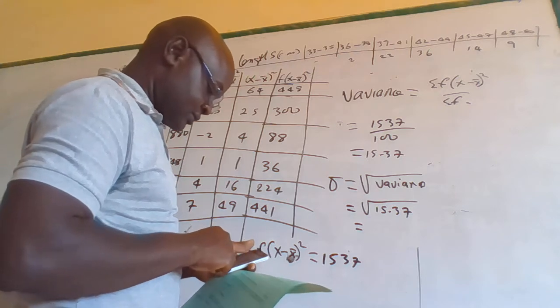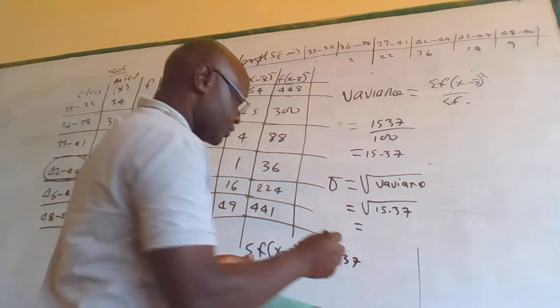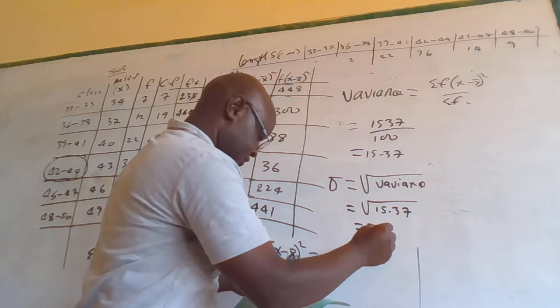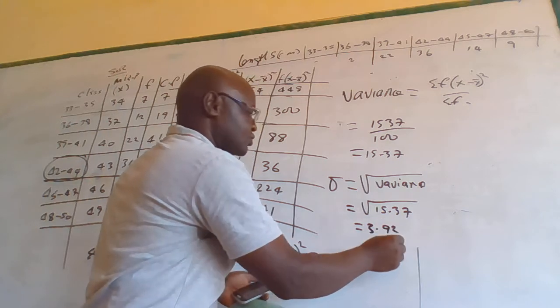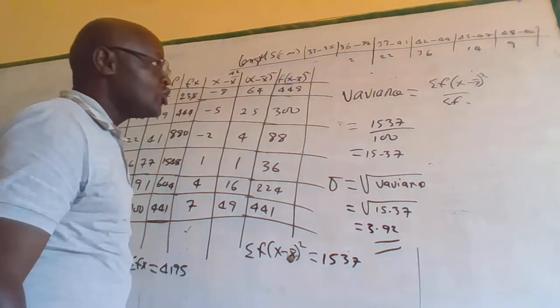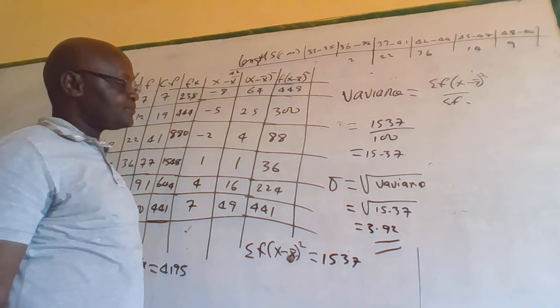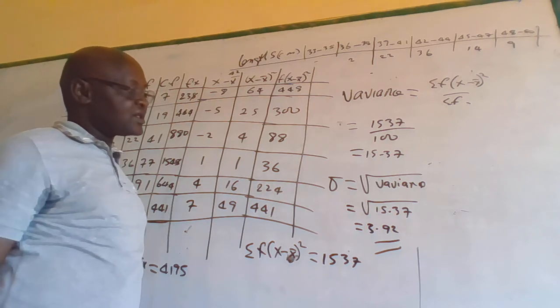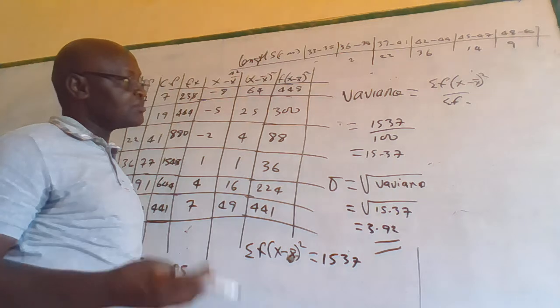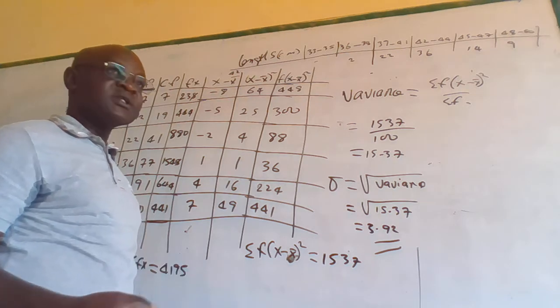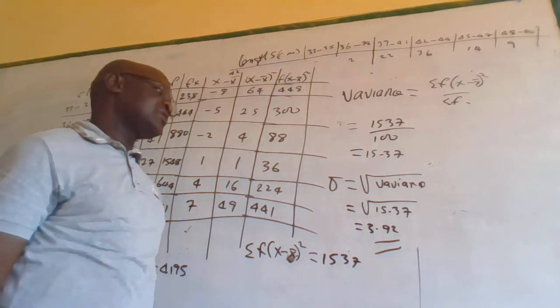So 3.92. So 3.92 is our standard deviation. So we have answered the question. We have gotten the median, the mean, the mode, and the standard deviation.